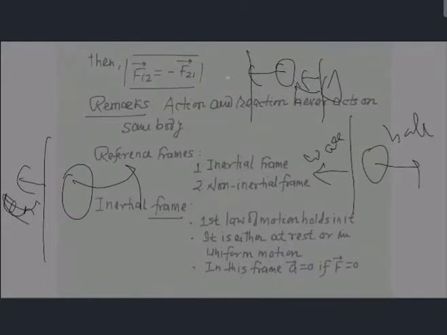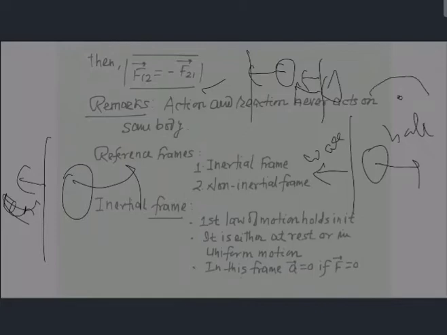So in that case the ball will stick to the wall, right? So this is not the reality. That's why it is written that action and reaction never acts on the same body, right? So ball, whenever it hits the wall, the reaction will be on ball, because action was applied on wall, so reaction will be on ball, okay. So this is the thing.